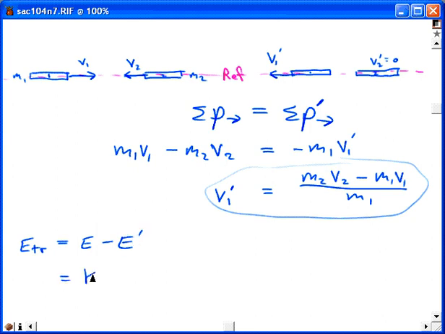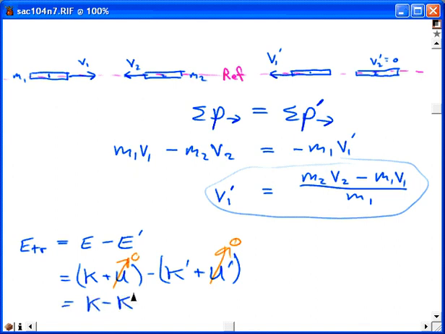This is all kinetic energy, but I'll write down K plus U minus K prime plus U prime, but both of these U's are 0. Everything's at the reference level before and after, so the E transformed is just K minus K prime.